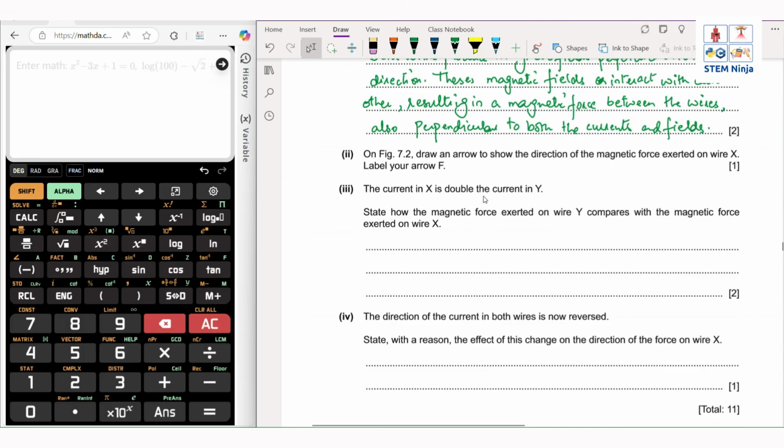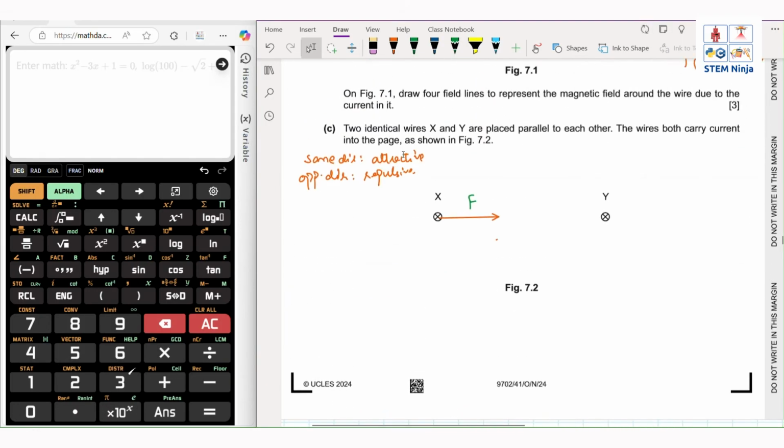The current in X is double the current in Y. State how the magnetic force exerted on Y compares with the magnetic force exerted on X. As we briefly talked about before, both wires are exerting forces on each other.